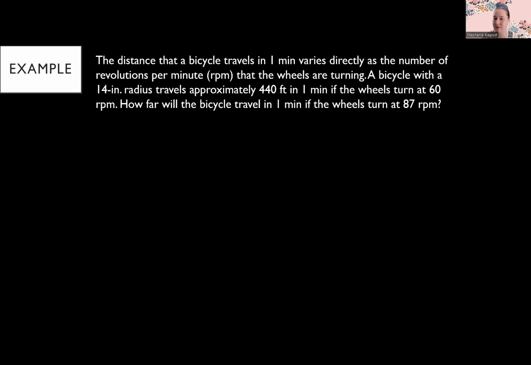So that's constant, and so that's not actually going to be a variable, because at no point in this example is time different from 1 minute. So it's not going to be used. So we'll start by defining our variables. So we have the distance that a bicycle travels. Maybe I'll highlight, oops, I meant the highlighter.